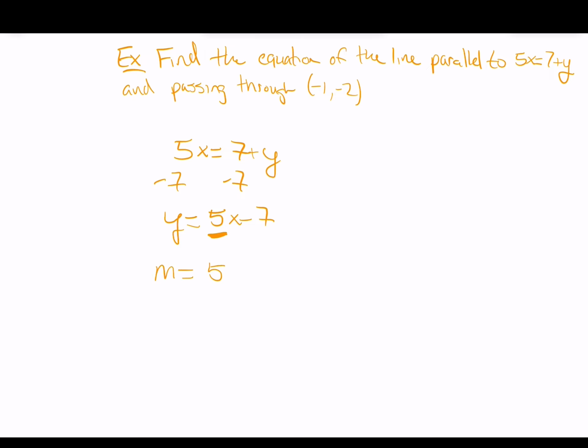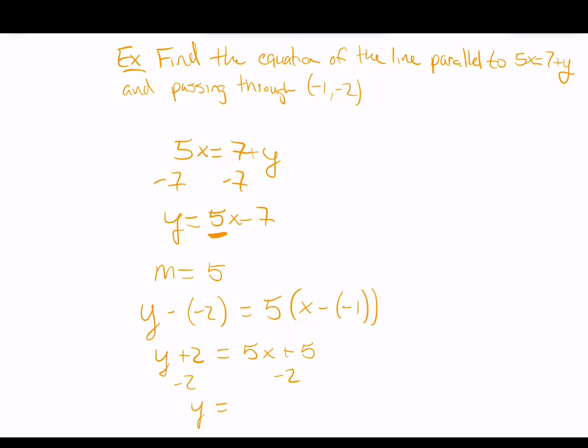And our other point for the second line is -1, -2. So we can plug that into the point-slope form. So y minus -2 is equal to m, which is 5, times x minus -1. So y plus 2 is equal to 5x plus 5. We can subtract 2 from both sides.